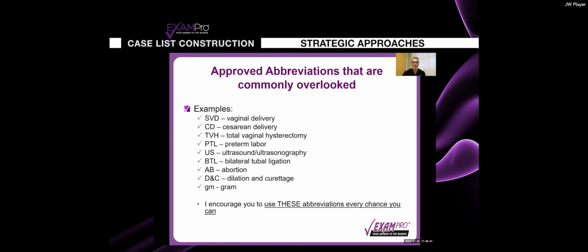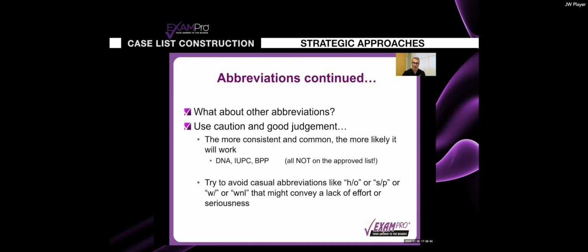What about other abbreviations? I already mentioned that there are common abbreviations that are not necessarily in the approved list. I think you have to use caution and good judgment. The more consistent and common the abbreviation is in clinical practice, the more likely it will work. So for instance, DNA, IUPC, and BPP, all of these are not on the approved list.